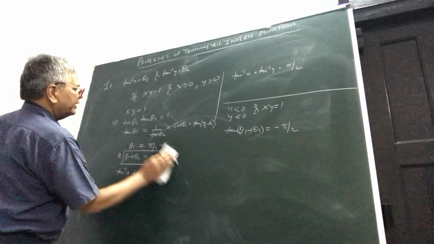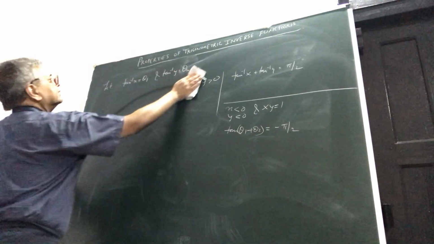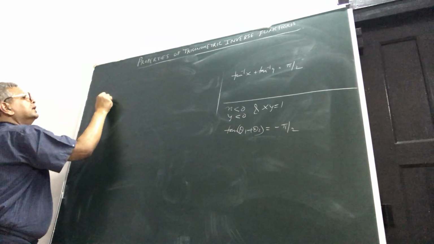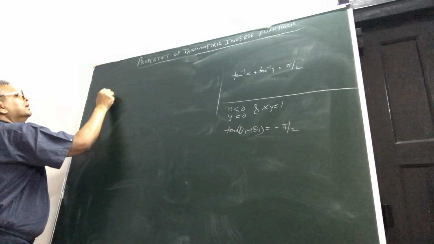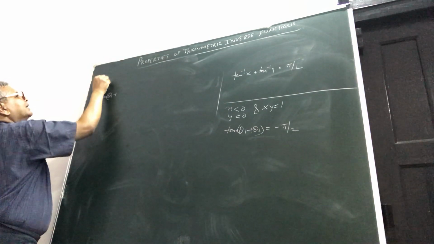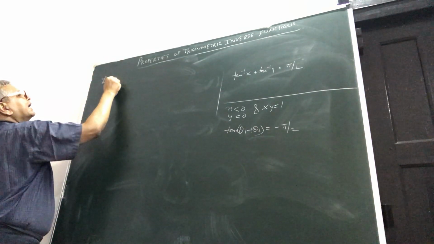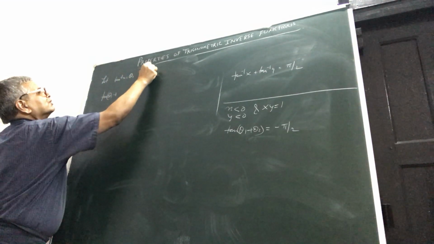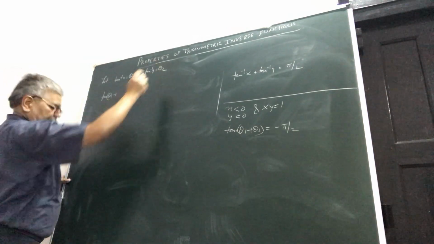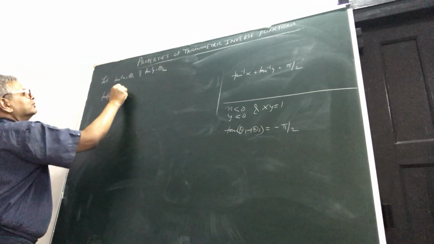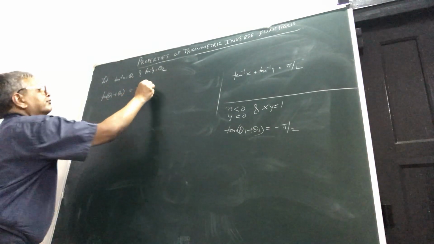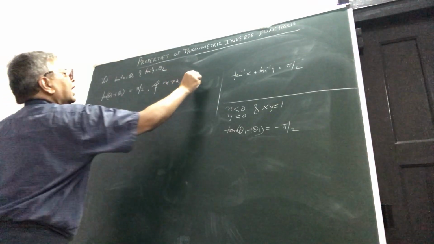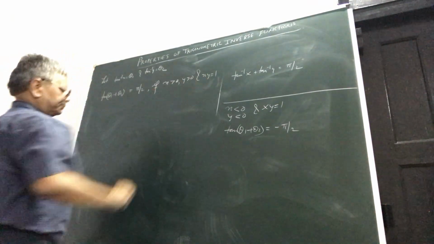Because how? Now see, we know. So what you need to do is that instead of deriving it independently, just as we did, right now what we have proved is that if tan inverse x is equal to suppose theta 1 and tan inverse y is equal to theta 2, then tangent theta 1 plus theta 2 is equal to pi by 2 if x is greater than 0, y is greater than 0 and xy is equal to 1.